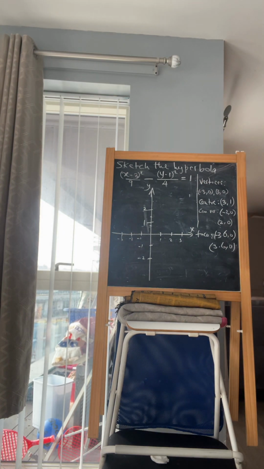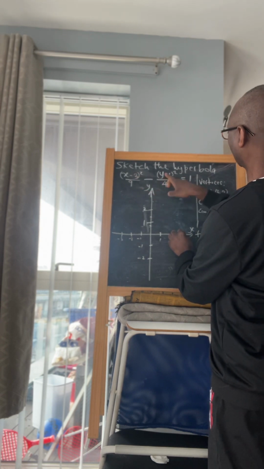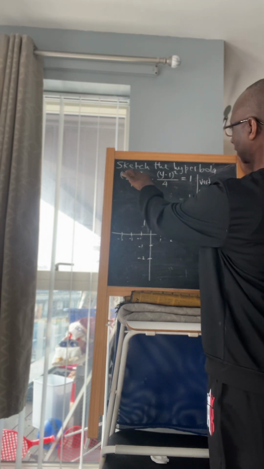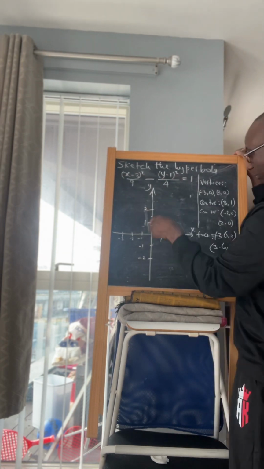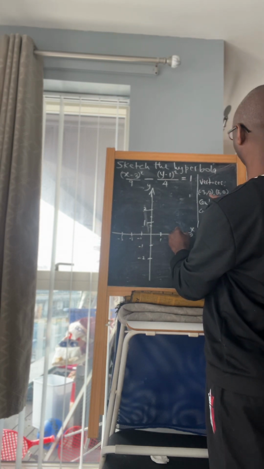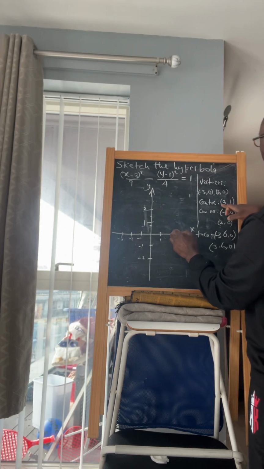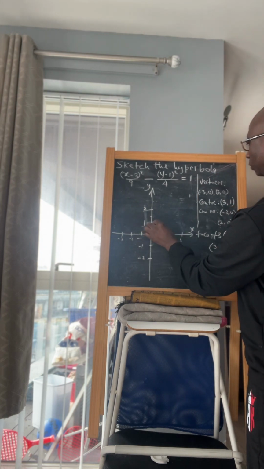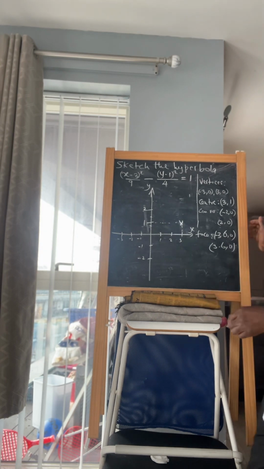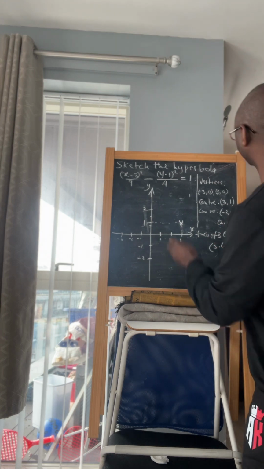So the center on the x is 3, and on the y is 1. It's minus here, so we'll go positive. If it was positive here, it would be minus. That's how it works out. So the center is 3, 1. Where these meet, this is our center.